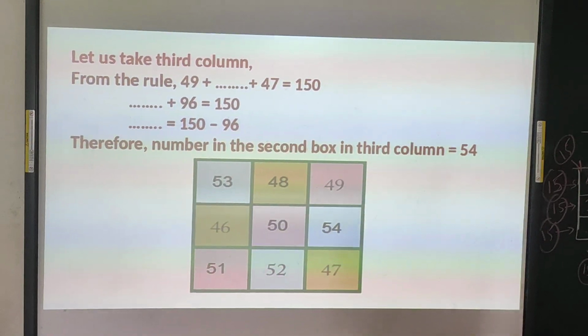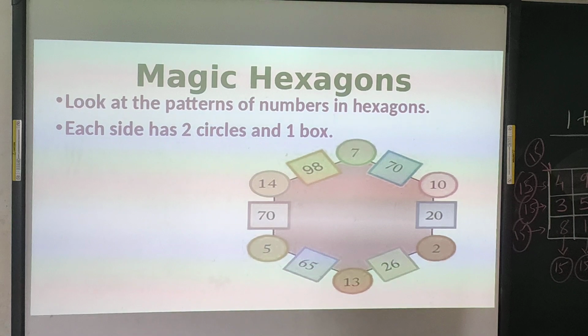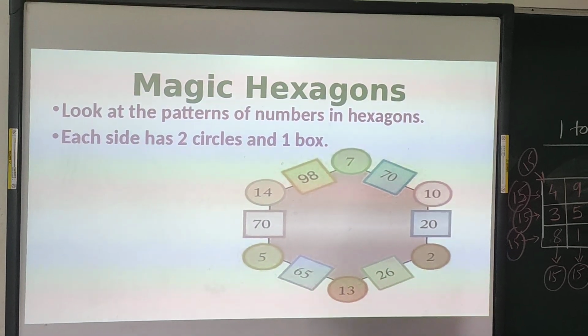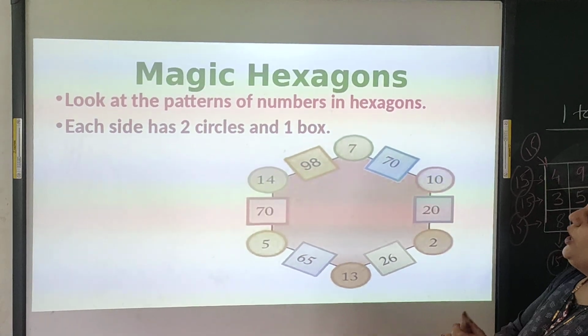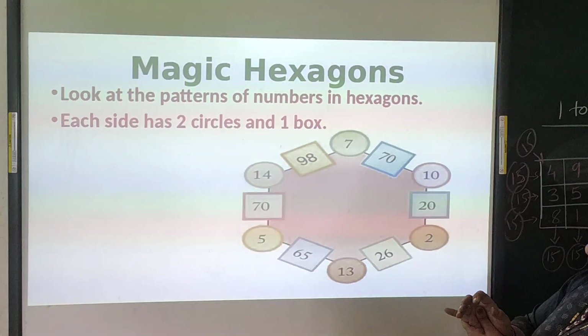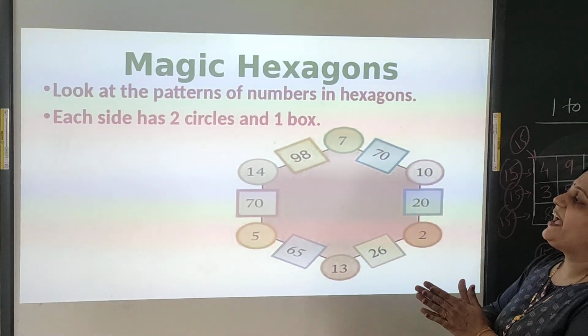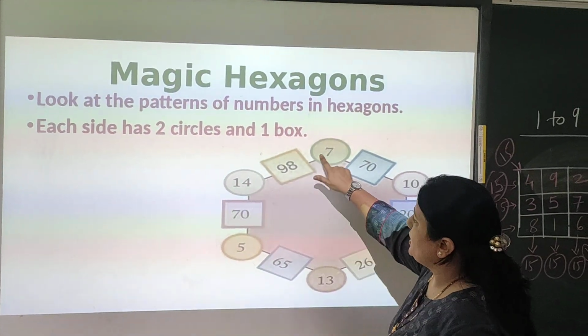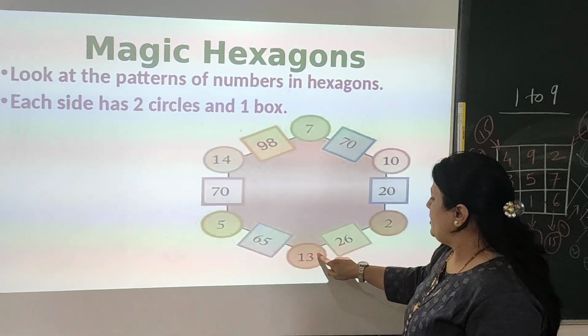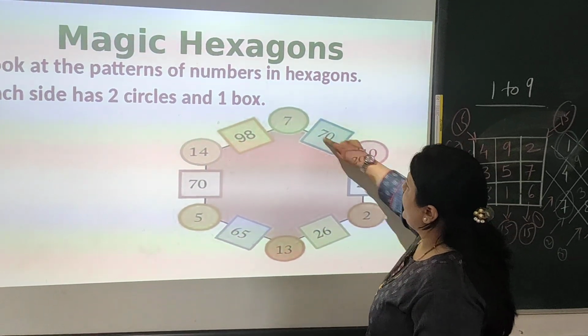Magic hexagons. See here. What is a hexagon? A hexagon is a 6-sided polygon. It will have 6 equal sides. Look at the pattern of the numbers in hexagons. Each side has 2 circles and 1 box. This is the first side, second, third, fourth, fifth and sixth.